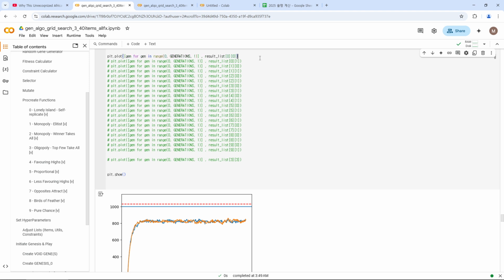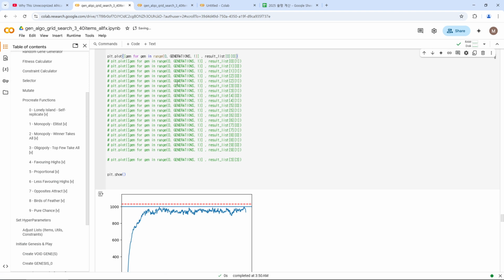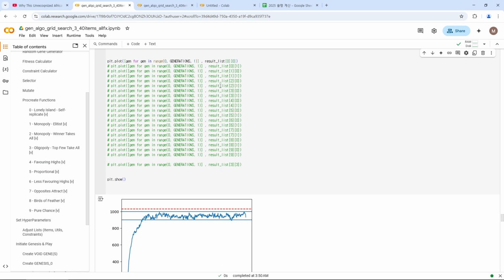So right now the ones that reach or go above 900 ever are the self-replicate procreate function, the elitist 2, the monopoly, winner takes all, and the oligopoly, where only the top few get to procreate.